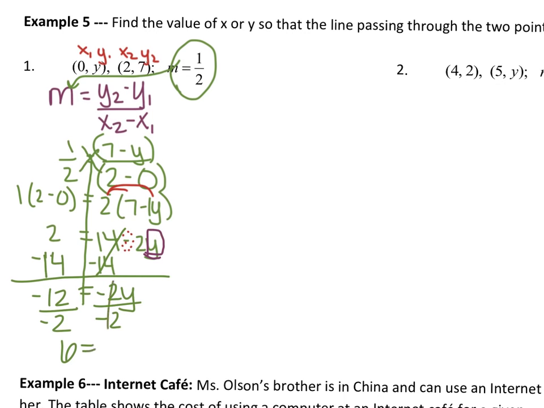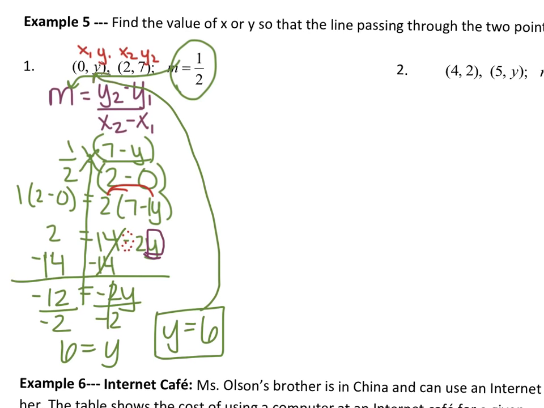You want the y to stay because you're trying to find out what y equals. So in this case, y equals 6. So what does that mean in the context of this problem? That means going way back up here, that y value would be 6. So that ordered pair would really read as (6, 0).